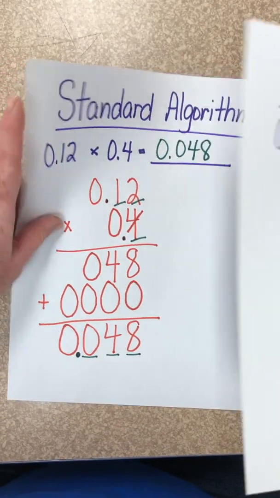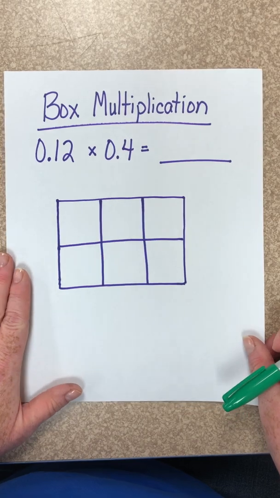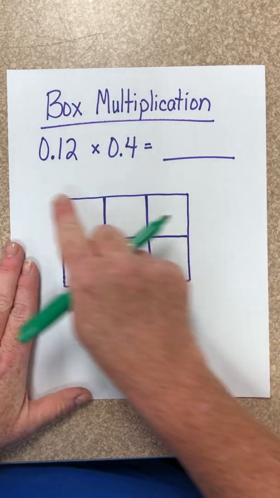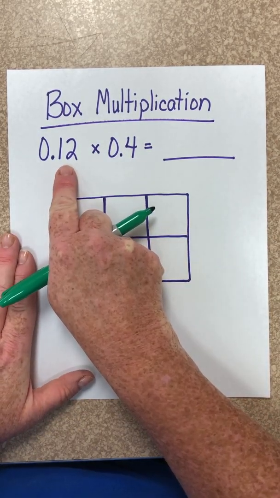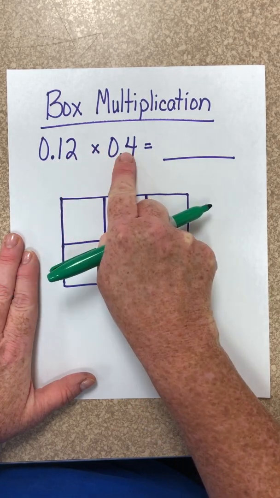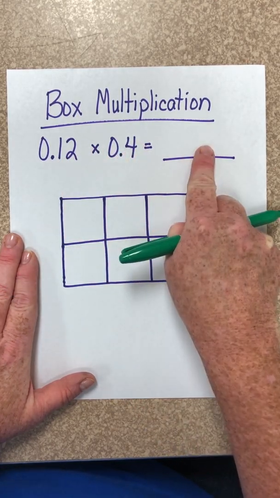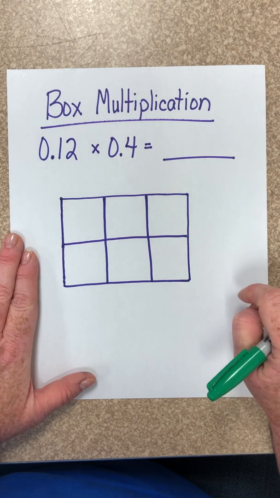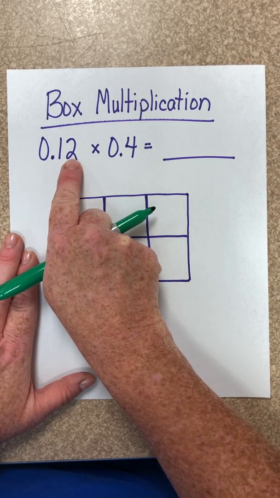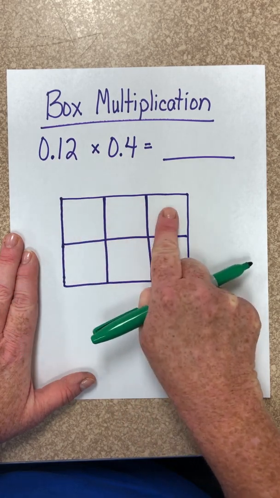Now let's look at how to work this problem using a different method for multiplication. It's called the box multiplication or the box method. The problem again is 0.12 times 0.4. Those are our factors and we're looking for the product. So with box multiplication, I look at the first factor and it has 3 digits, so I have 3 columns.